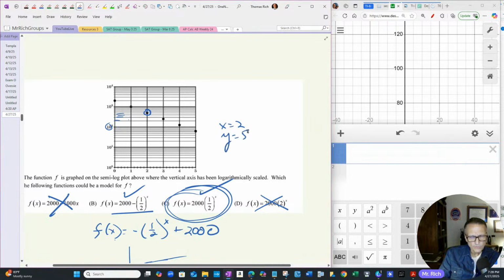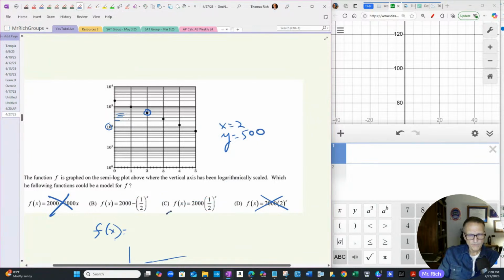Y is equal to 500. So when you plug this in, f of 2, you get 2,000 times 1/2 to the second power, and that does give you an answer of 500.